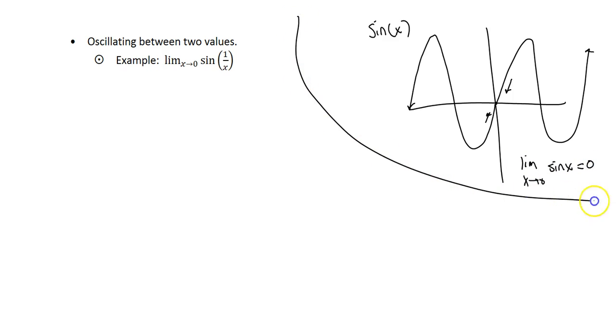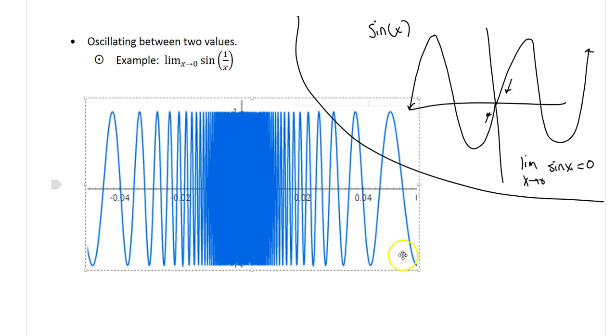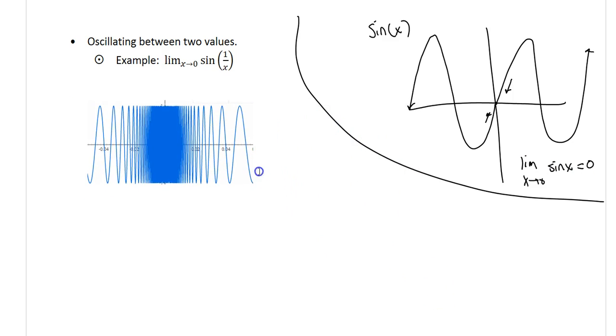We're specifically talking about the limit as x approaches 0 of sine of 1 over x. So if you tried to grab a graph of this function or to sketch it, on Google it looks like this. It's kind of crazy. But what actually is happening here in all of this kind of blue cloud that you have in the middle is that you're seeing this oscillating pattern getting closer and closer to each other.